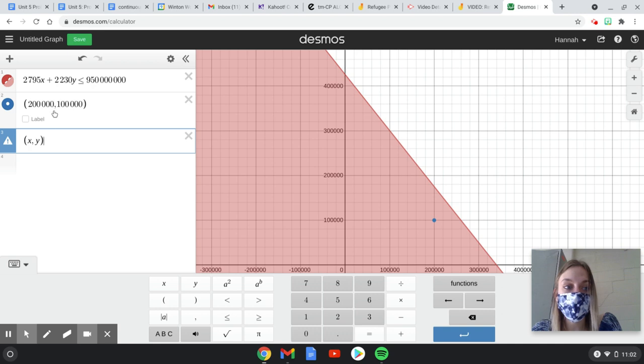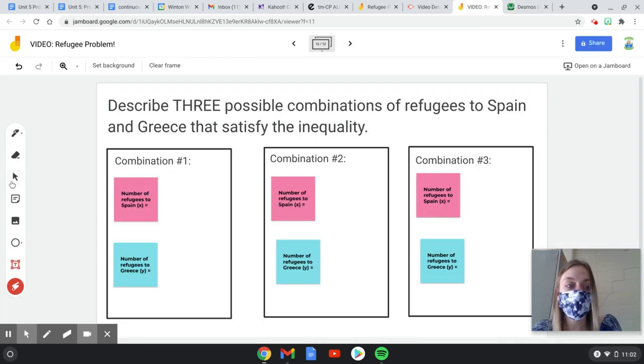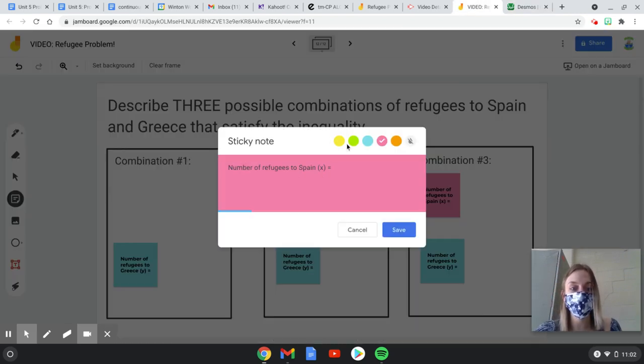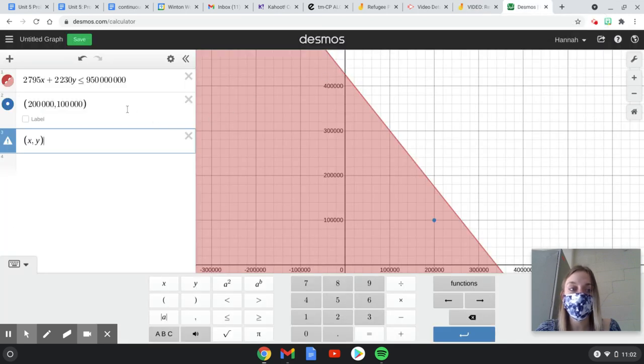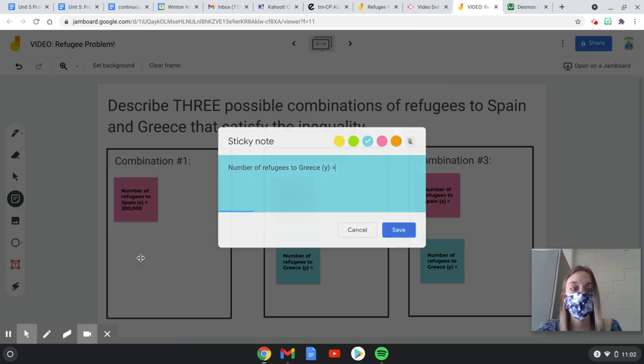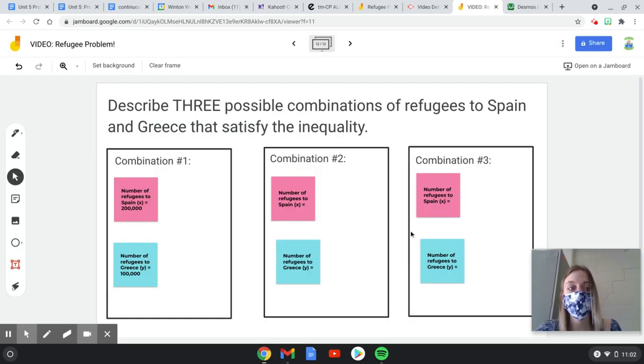So I'm just going to find my X value, 200,000, and type it in this pink sticky note. And now when it asks for the number of refugees to Greece, which is my Y value, I'm going to come back, find my Y value, which is 100,000. And I'm going to put 100,000 in this blue sticky note. Pause the video to do this.